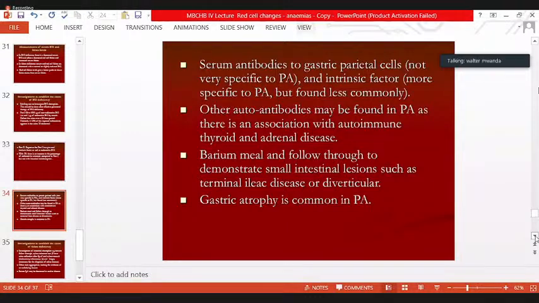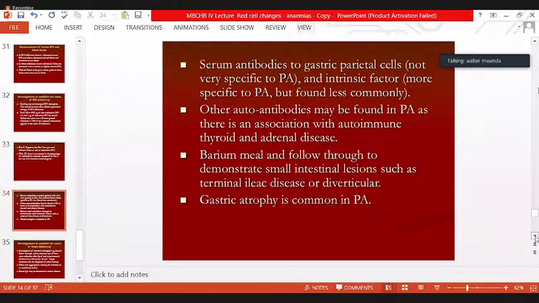When there is reduced intrinsic factor as a result of antibodies, as a result of pernicious anemia, there will be megaloblastic anemia due to low serum B12. There may be other associated antibodies in autoimmune diseases. Then studies may be performed to look at the stomach, particularly the parietal part of the stomach.